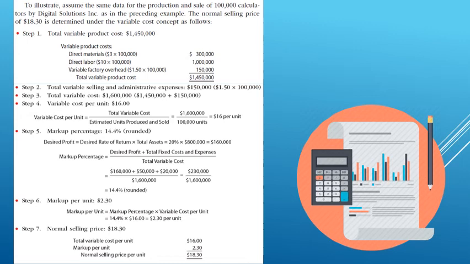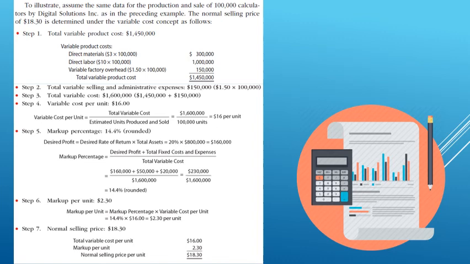So the fifth step is the markup percentage. So we have here the desired profit amounting to $160,000 plus the total fixed costs and expenses, which is $50,000 and $20,000, divided by the total variable cost, which is $1,600,000.